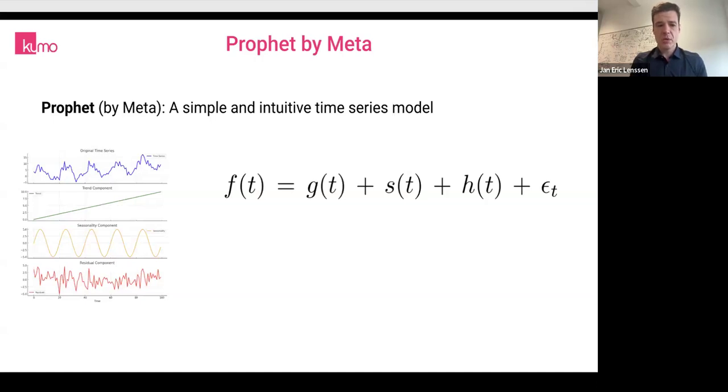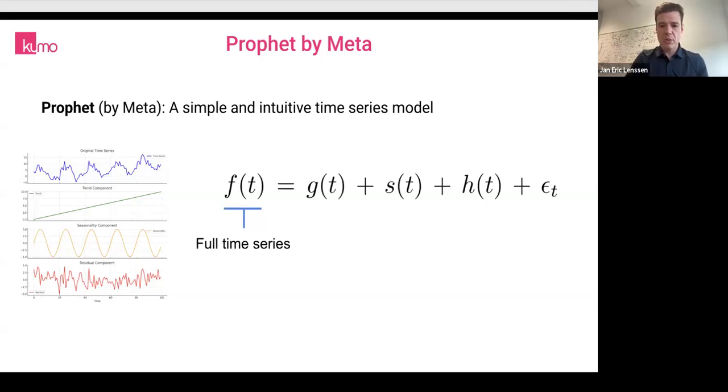It follows this decomposition idea that we discussed just now, where you decompose your time series into trend, seasonality, and residual. And it essentially models the time series, the past time series, as a function f of t, where t is the time.